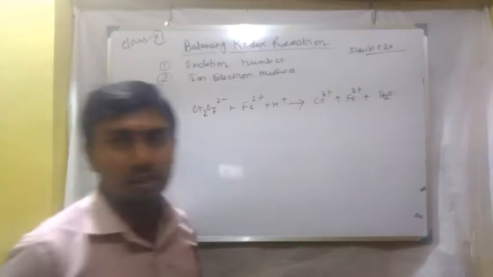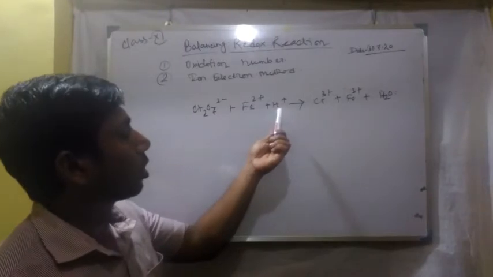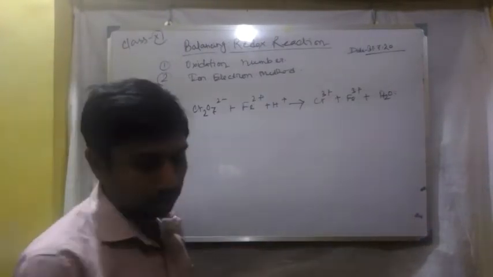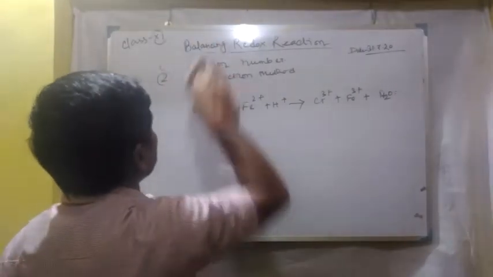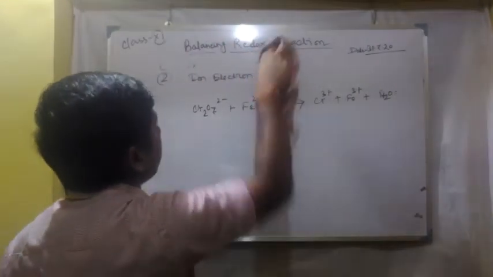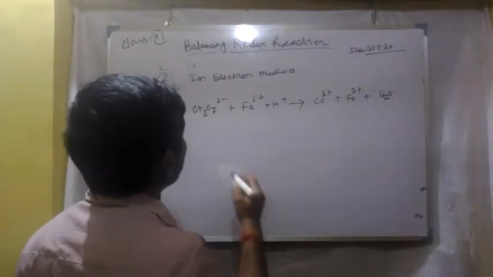Now from this general equation, you can tell that the reaction occurred in acidic medium, because H plus indicates that the reaction is in acidic medium. So this is balancing the redox reaction by the ion electron method.